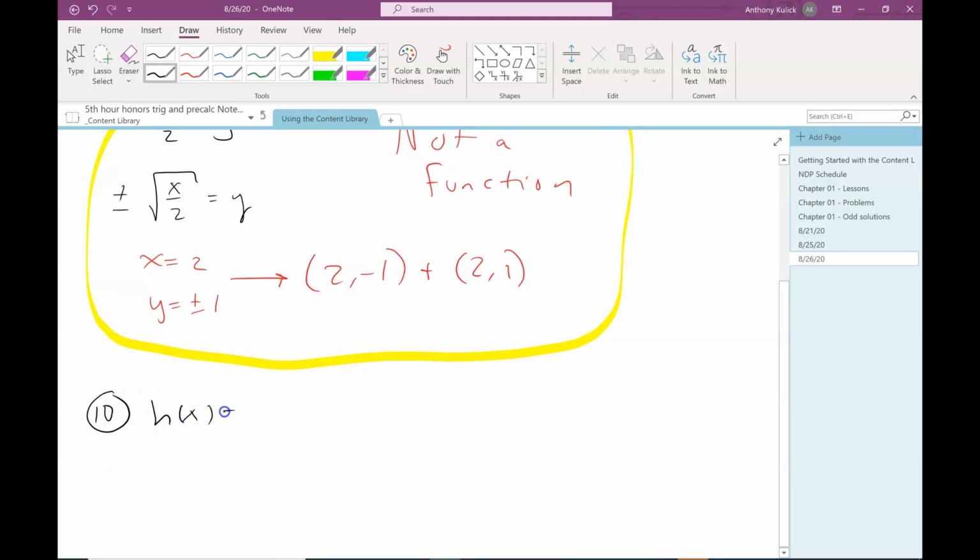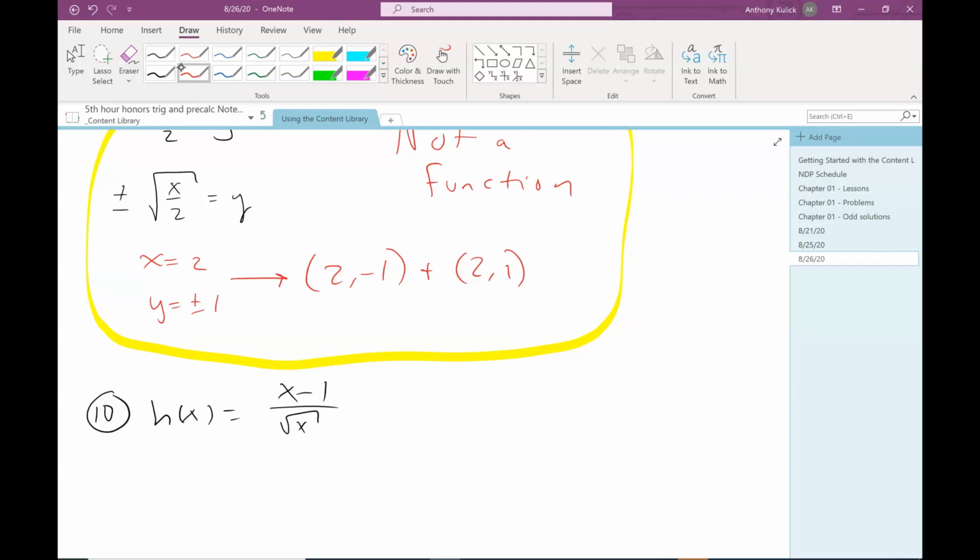So 10's directions are different. We're asking you to find the domain of the function algebraically and then express our answer using interval notation. So the first thing I'm going to do is look at the function h of x. There are 2 operations going on that can cause us a problem with our domains.